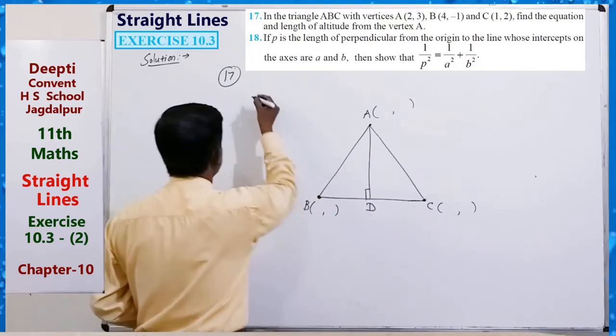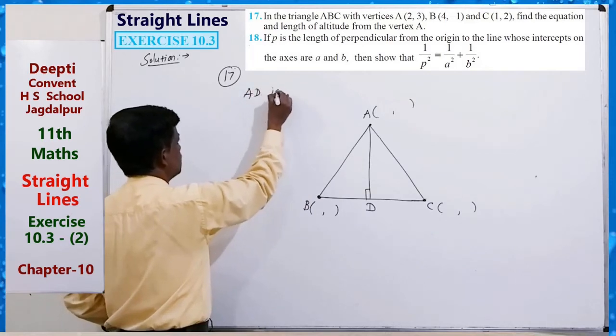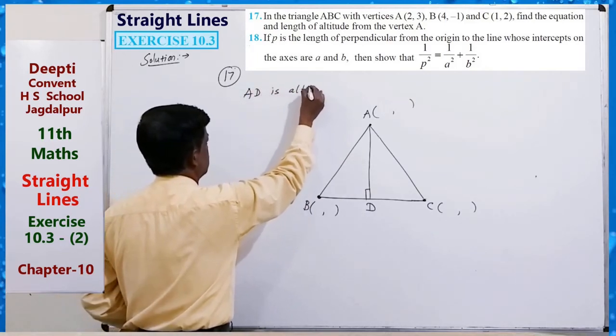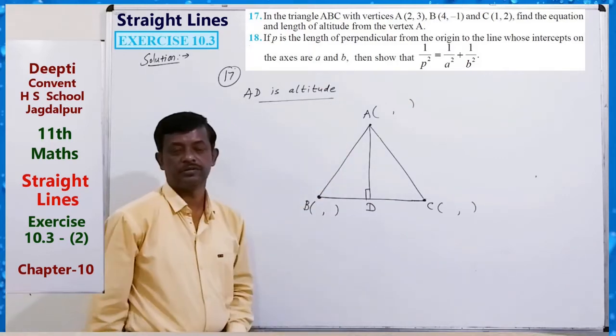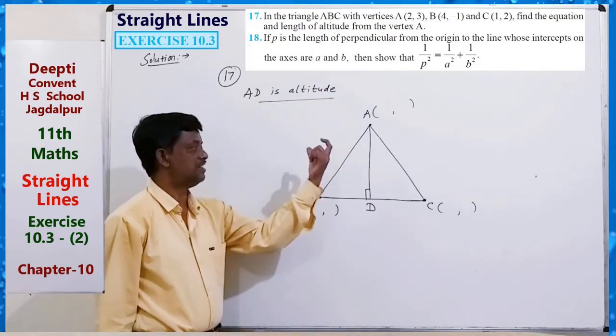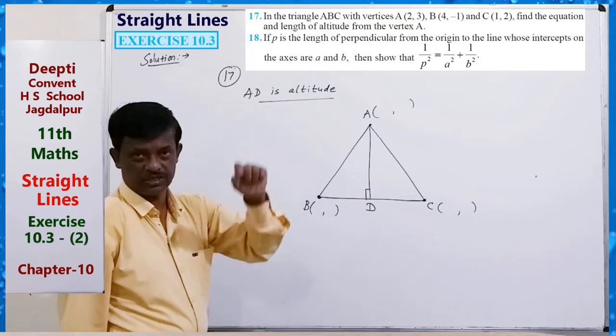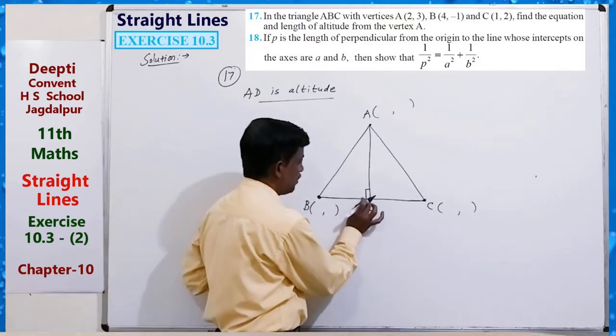AD is the altitude. So we have to find its length and its equation. Okay?